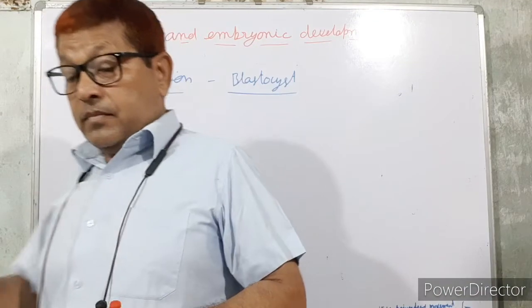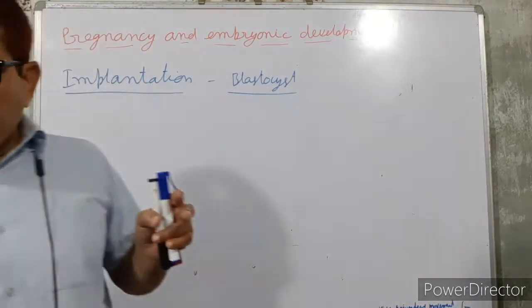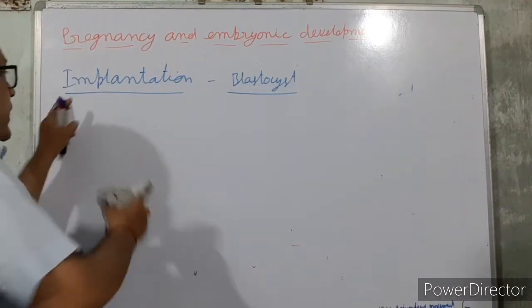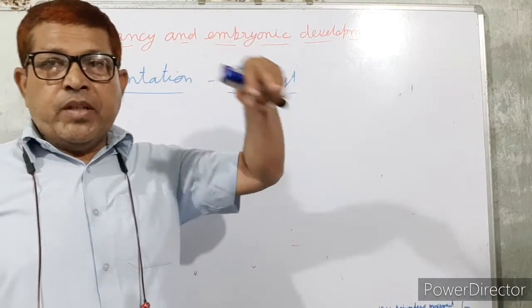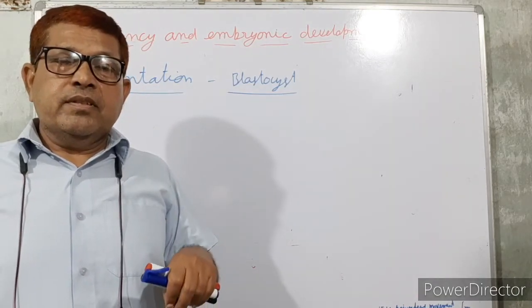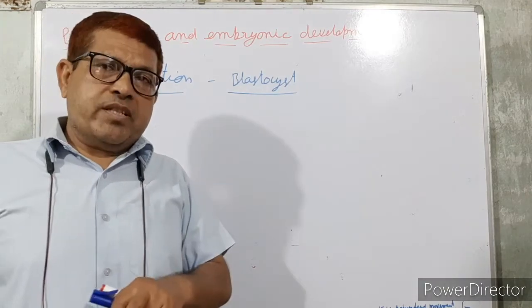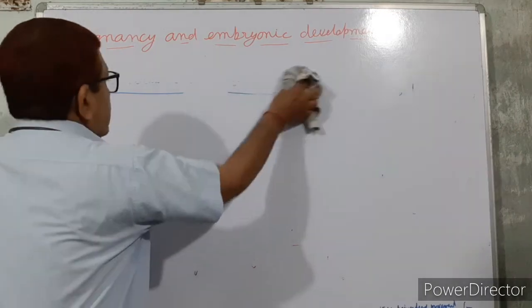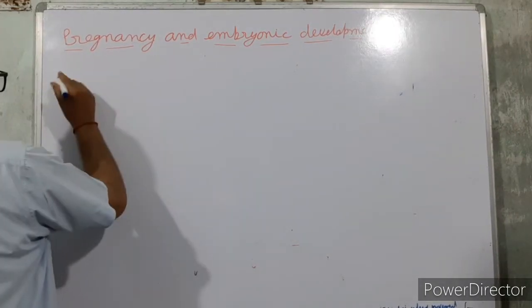So, during implantation, what happens? The blastocyst gets embedded into the endometrium of the uterus.